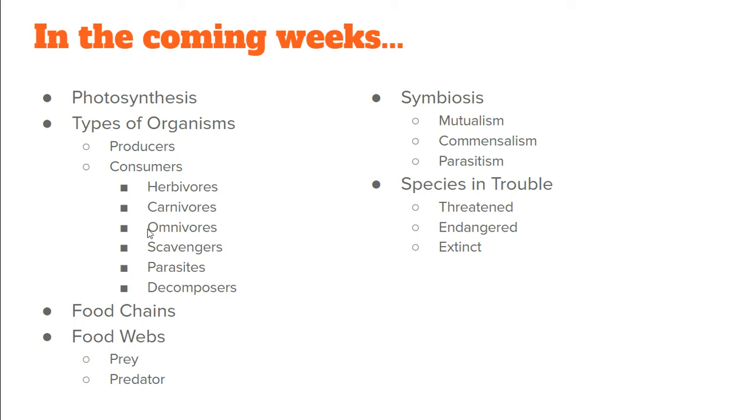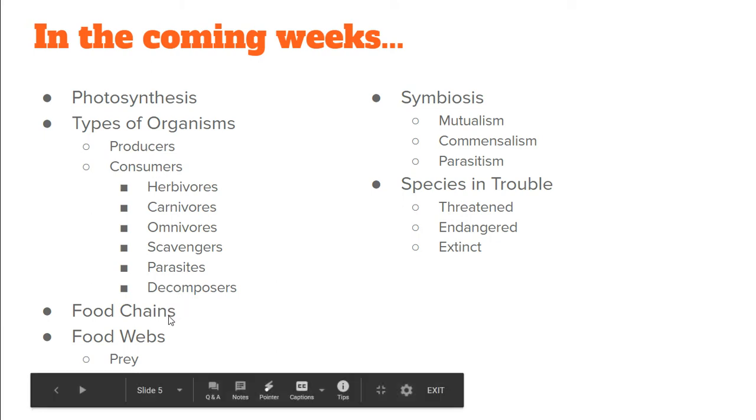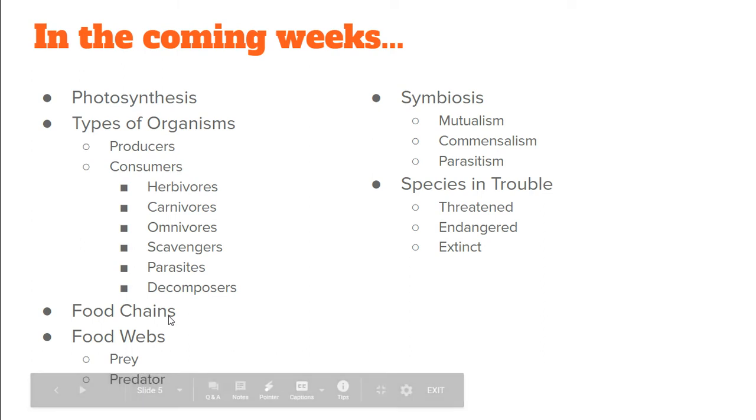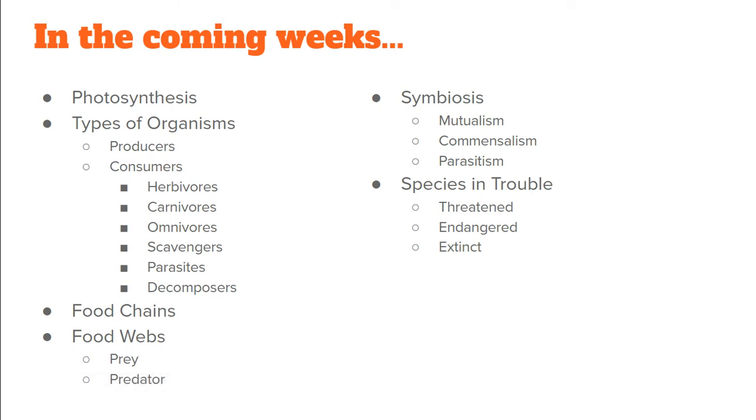Then, once we understand the types of consumers and producers, we're going to look at how they interact. Who gets energy from who? So we're going to look at food chains and food webs. We're going to look at who's the prey in an ecosystem and who's a predator. And sometimes you have an organism that's both prey and predator.